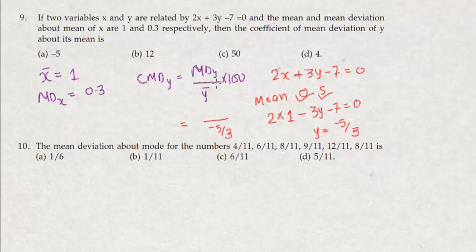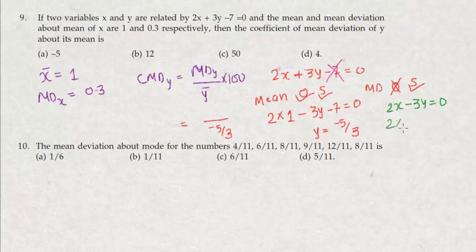Now let's find out mean deviation of y. Mean deviation is free from change in origin, but it is not free from change in scale. So what we will be doing is, we will forget about this minus 7 here because it represents change in origin, and the rest of the equation is 2x minus 3y is equal to 0. Let us put the value of mean deviation of x into this equation to get the value of mean deviation of y.